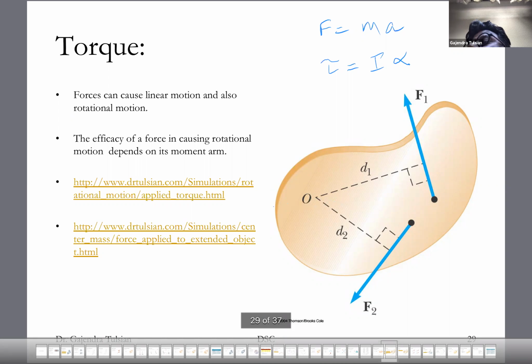Let's say instead we are taking the same force and applying it like this, in this direction, and now the moment arm is only that distance. The same magnitude force applied in this direction will cause a smaller angular acceleration because the moment arm is smaller. So again, that is what we mean by the efficacy of a force in causing rotational motion depending on the moment arm.